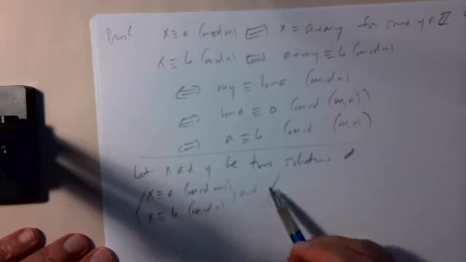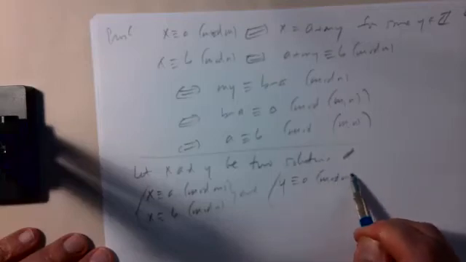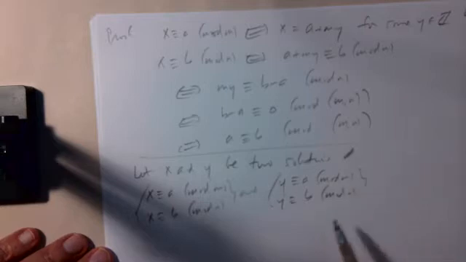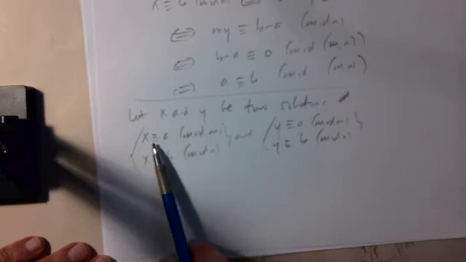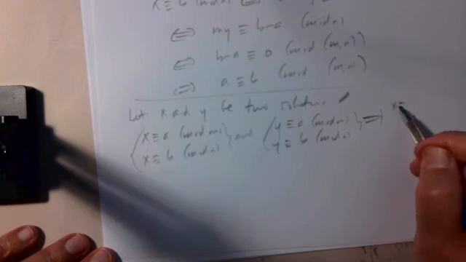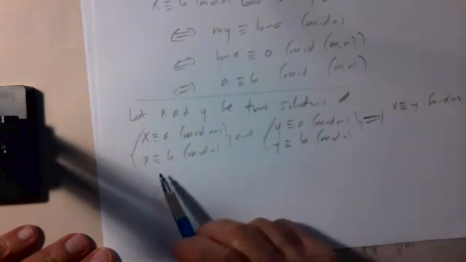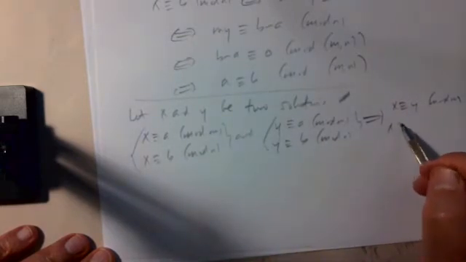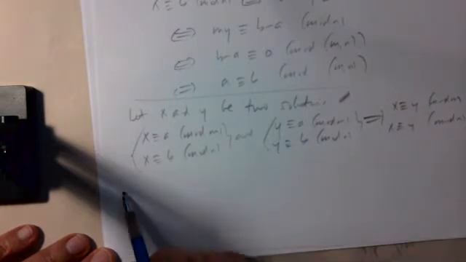And also, y is congruent to a mod m, and y is congruent to b mod n. But of course, if x is congruent to a and y is congruent to a, this means x is congruent to y mod m. And if x is congruent to b and b is congruent to y, x is also congruent to y mod n.